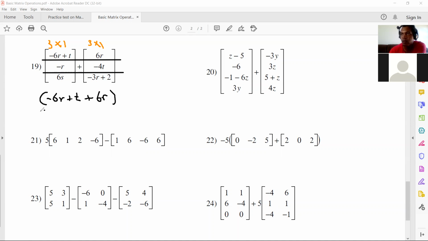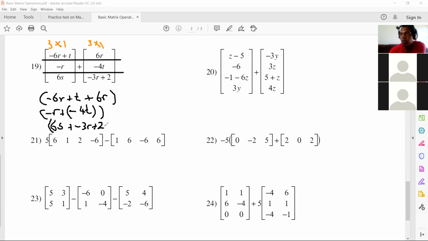In the second row, I'm going to use another bracket: minus r plus minus 4t. And remember, when there is a plus minus, I always put the minus in a bracket. Then the last one, I have 6s, also in a bracket, plus minus 3r plus 2.